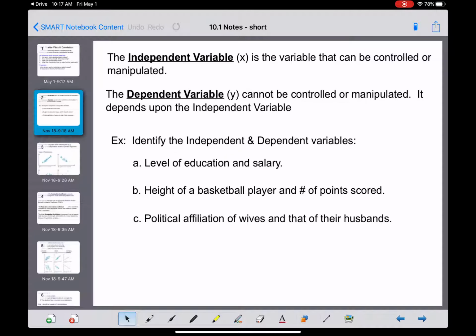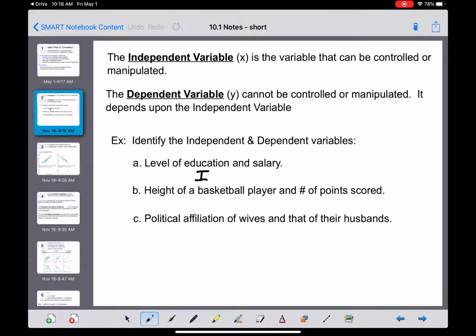So there's independent variable, dependent variable. We've already talked about these several times during this course. X is the independent variable that can be controlled or manipulated. Y is what happens. It's dependent on the independent variable, so it can't be controlled or manipulated. So if we have two variables like level of education and salary, the thing that you have more control over is your level of education.